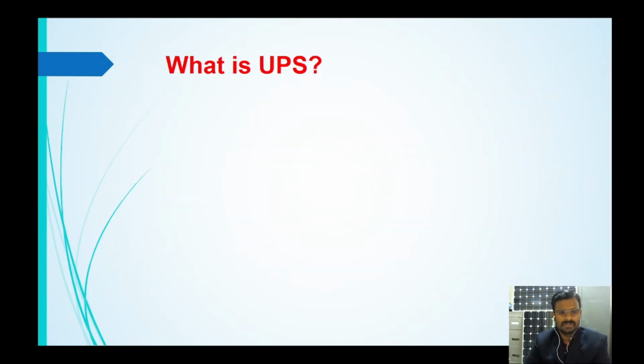The device used to protect your load or system against this type of fault is called a UPS, uninterrupted power supply. Basically, the UPS provides power to the load when the utility fails to give the power. How long it can back up the power to the load depends upon the size and configuration of the UPS.